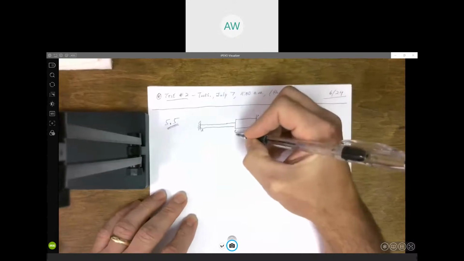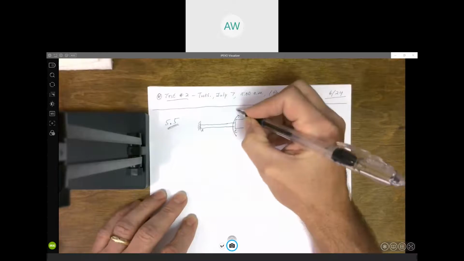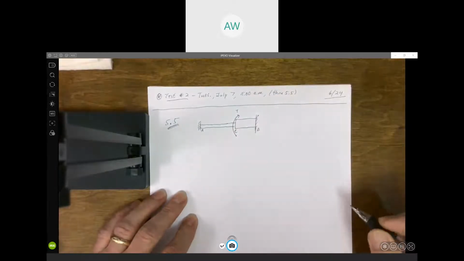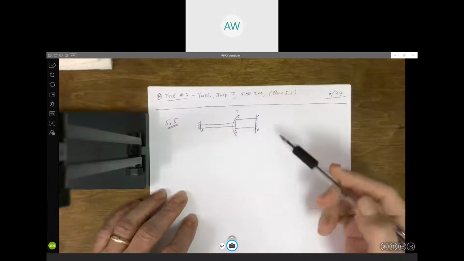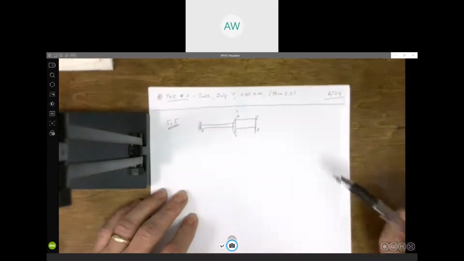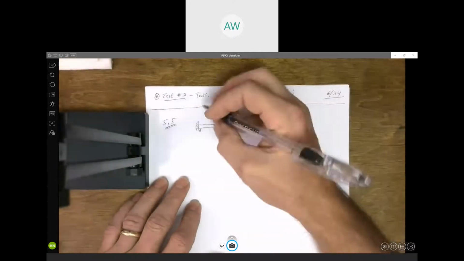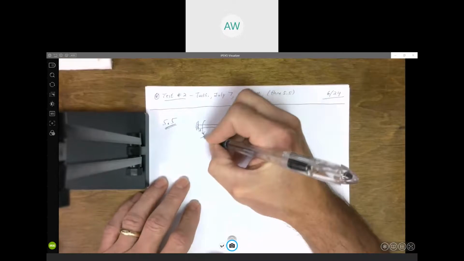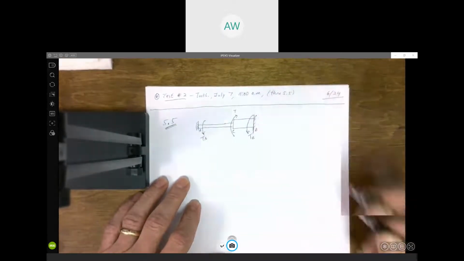And so if we apply a torque to a shaft like this, again, still we're only looking at shafts with circular cross section. But you see, this is fixed at each end. And so we're going to have some torque, we'll call it TA, and some torque TB.